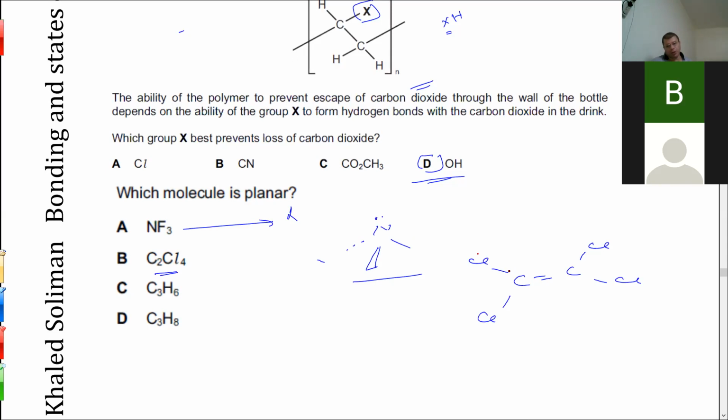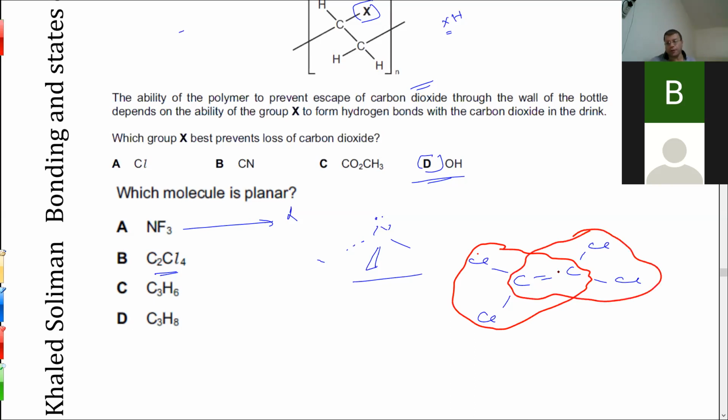Chlorine single bonded to carbon, single bond to carbon, double bonded to this carbon. This part here is planar structure. By the same way, this part here is planar structure. But both of them together, planar structure also.